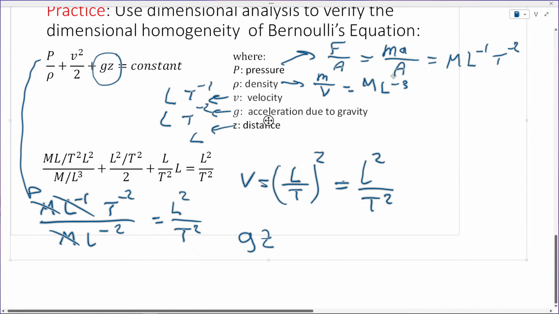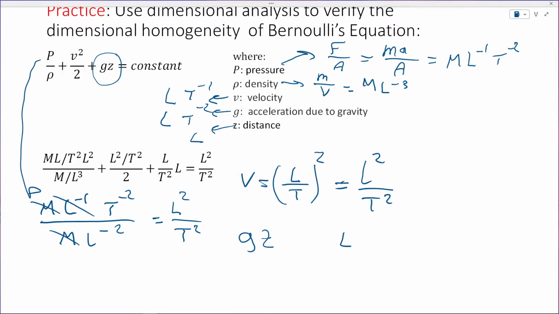G is L over T square, sorry, and Z is L. So that will give me L square over T square.